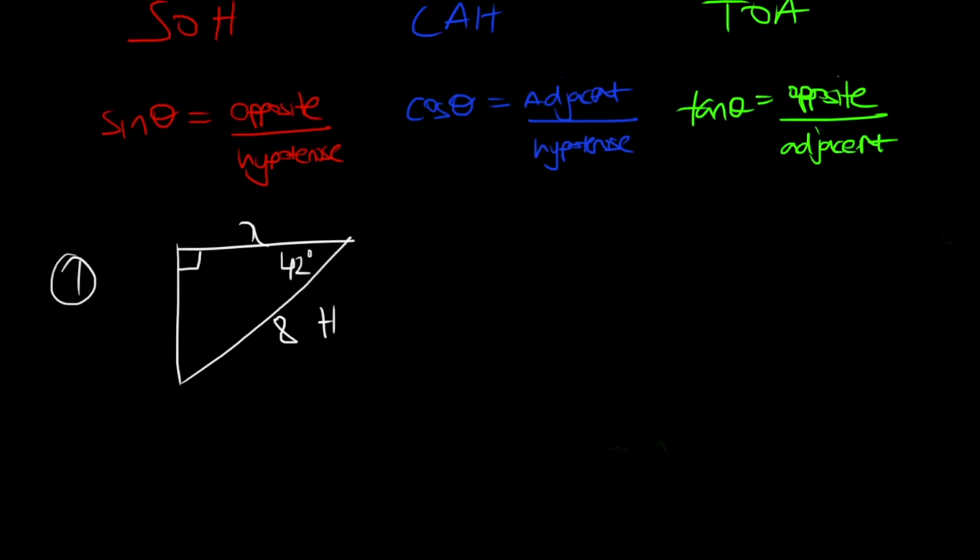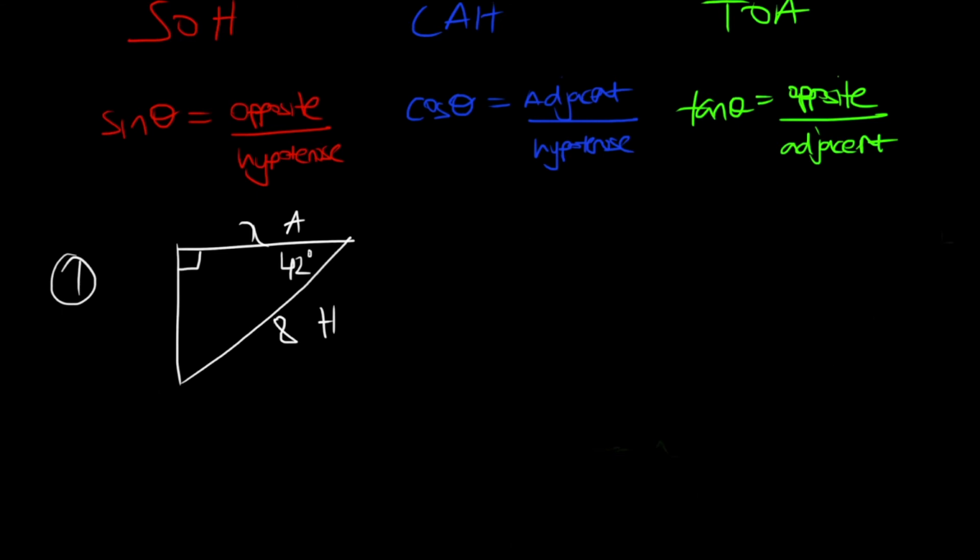The next thing that I need to do is think about the ratio to use. So this is the adjacent side, A. Now I have my hypotenuse and I have an adjacent side. Which one should I use? I should use the cos ratio here. This is why this mnemonic is so helpful. When you first learn trig, you might not remember which ratio corresponds to what.